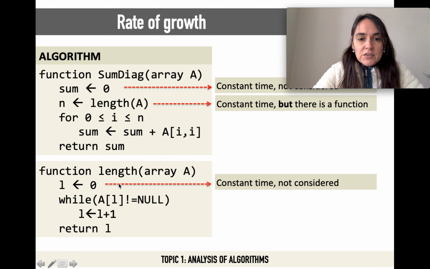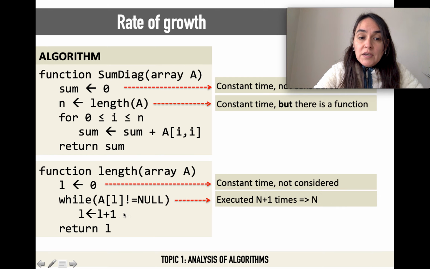So if we look at the function, we see constant time, not considered, and we have a loop here that depends on the input size. We are checking here how many elements the array has, so we are going to execute this n+1 times, but as we do not care about constants, this is just n.